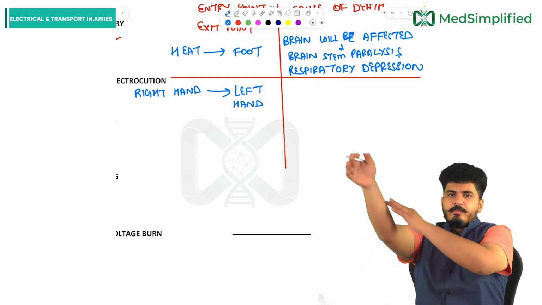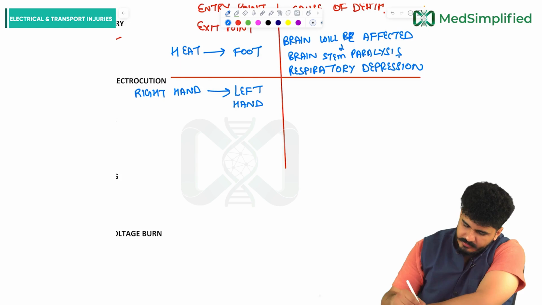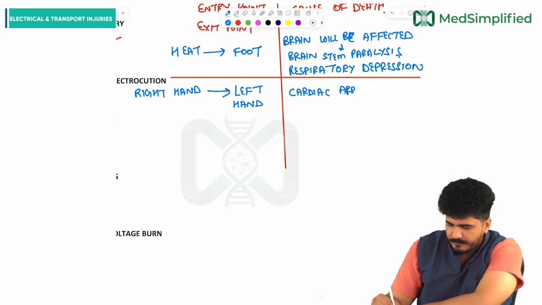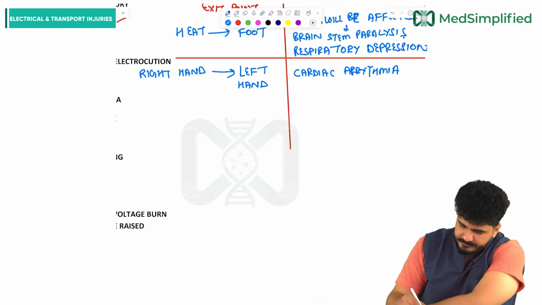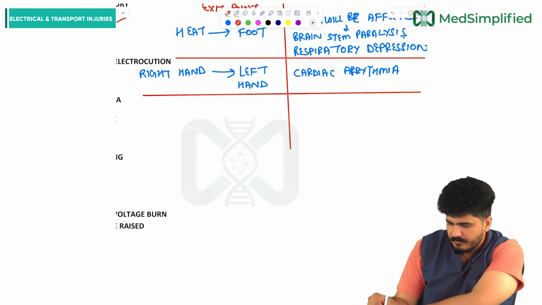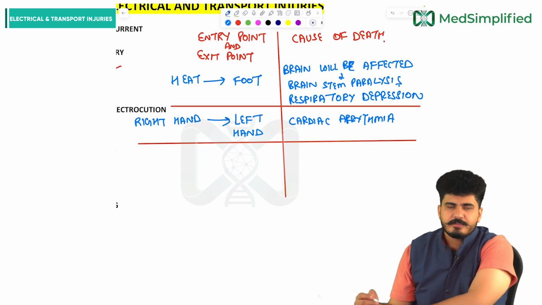If current goes from the right hand to the left hand, the cause of death will be cardiac arrhythmias. Next one.